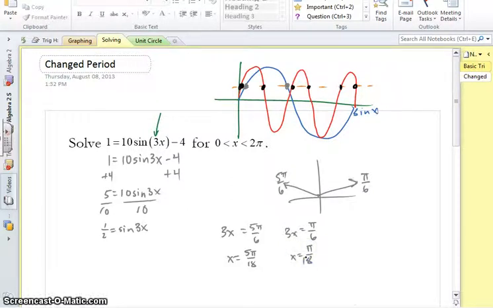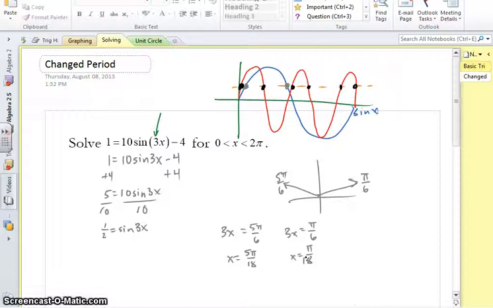And if you plugged in pi over 18 into sine of 3x, you see that the 3 that's multiplying there will get rid of the division that we just did. So our answers are kind of compensating for the 3 being in the problem. They're getting 3 times smaller.